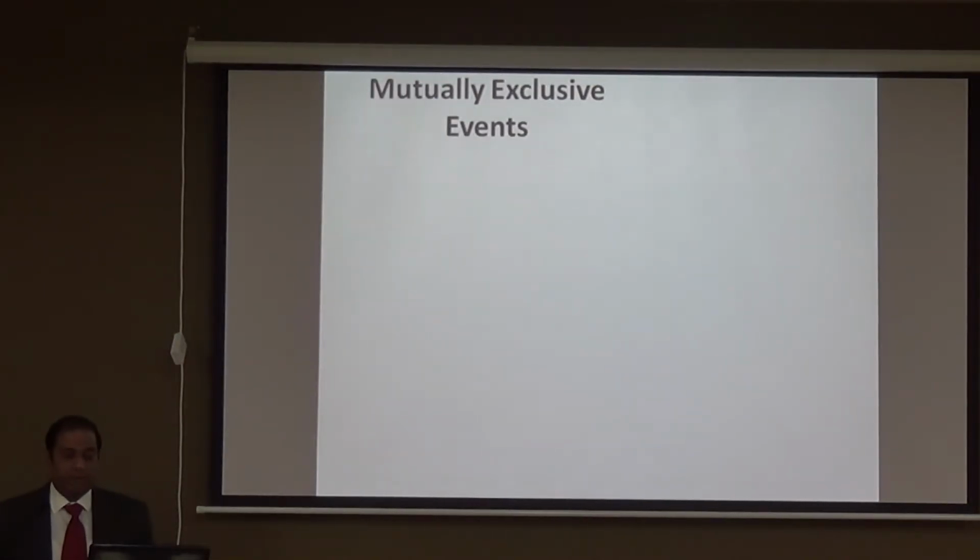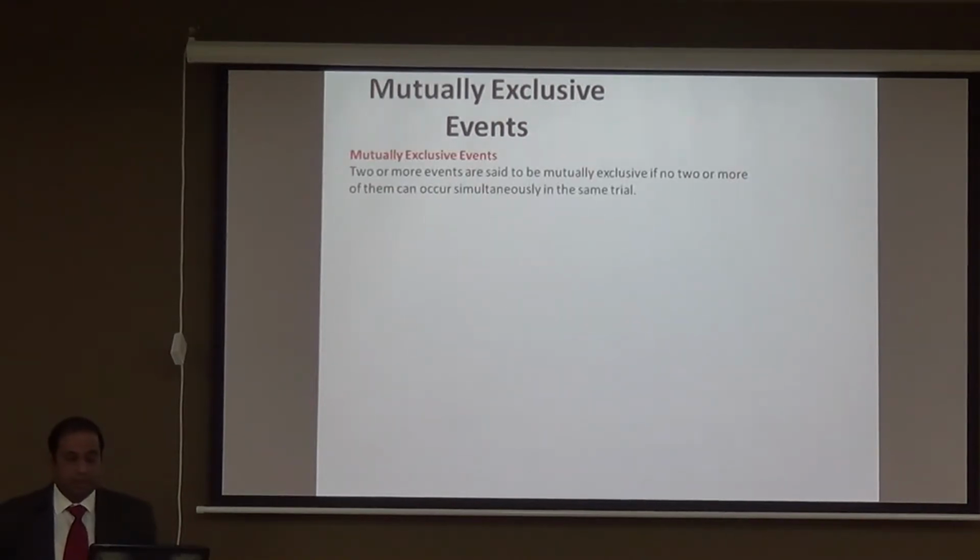Now we come to the next, that is mutually exclusive events. Two or more events are said to be mutually exclusive if no two or more of them can occur simultaneously in the same trial.